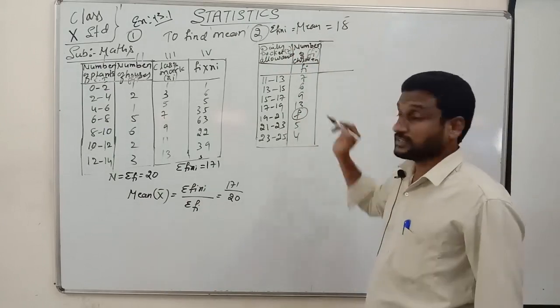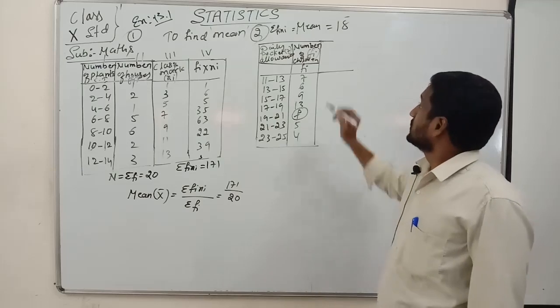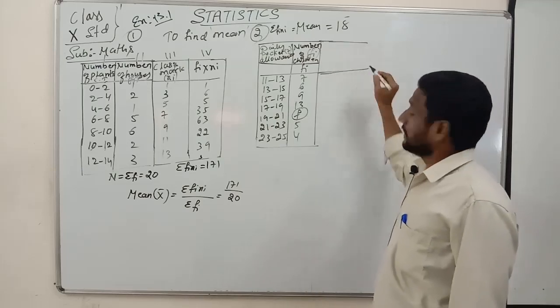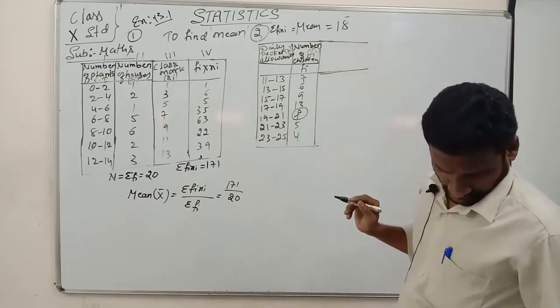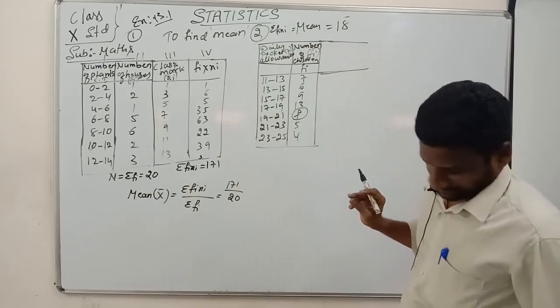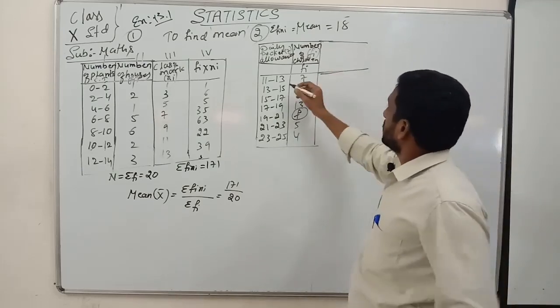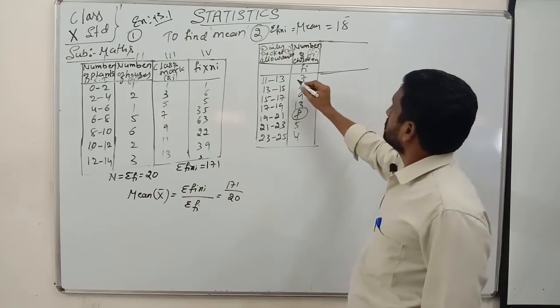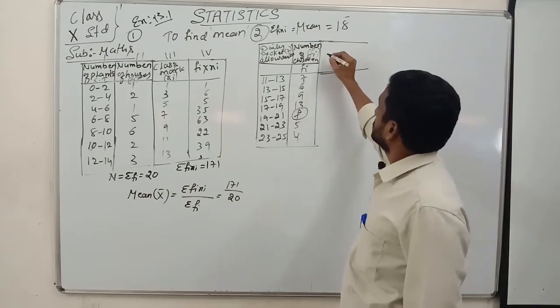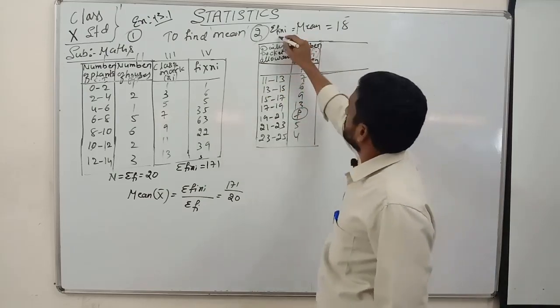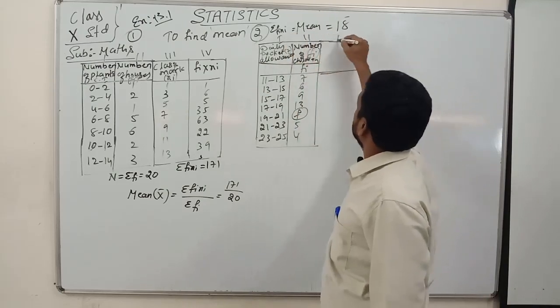Then what is the frequency value? So now see here. Next, the third column is the class mark. This is first column, second column, third column.